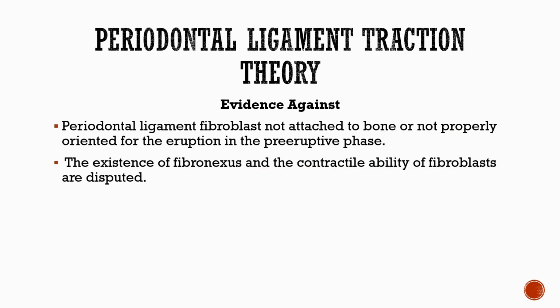Okay. Now the evidence against: periodontal ligament fibroblasts are not attached to the bone or not properly oriented for the eruption in the pre-eruptive phase, but in the post-eruptive phase they are attached. The existence of fibronexus and contractility of fibroblast are disputed.